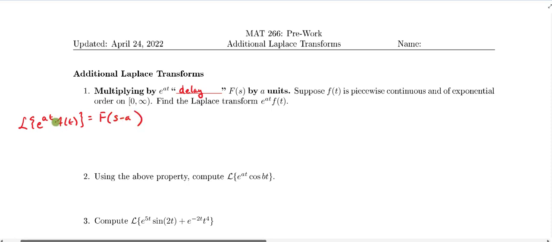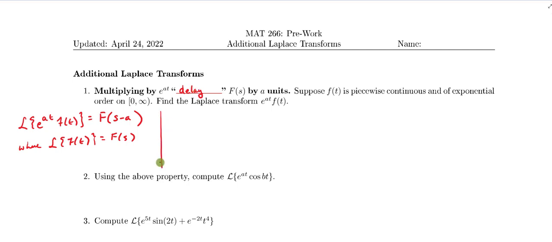So if the Laplace transform of f of t is capital F of s, then multiplying the function by e to the at simply takes the graph of F of s and shifts it a units to the right. That's why I want you to think about it as delaying the function by a units.